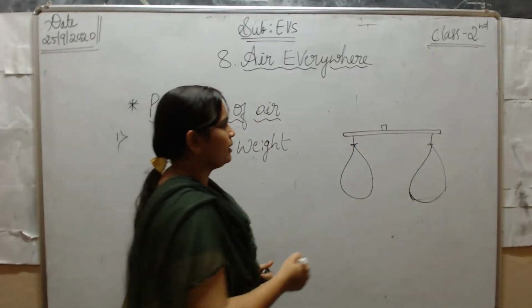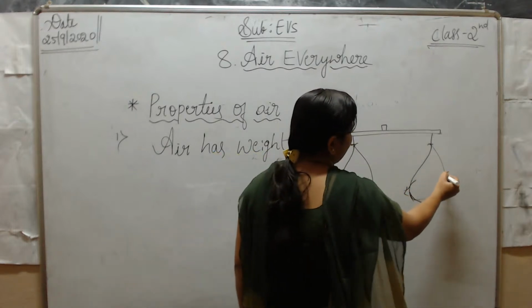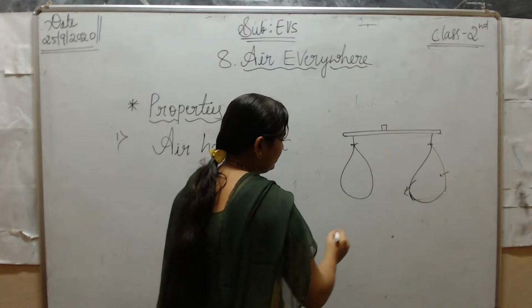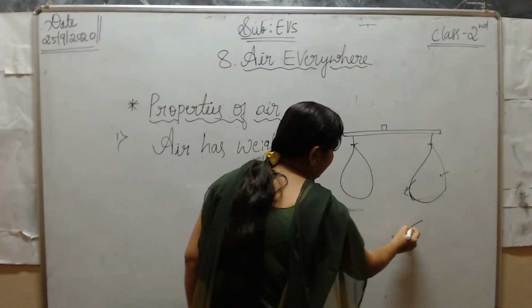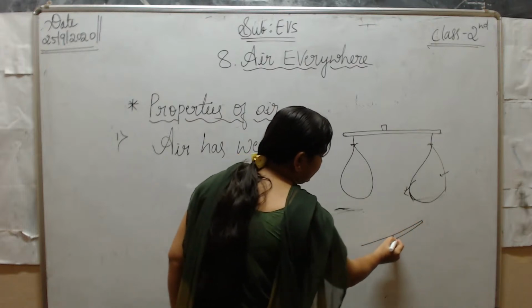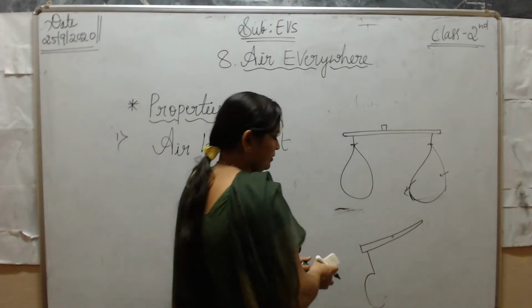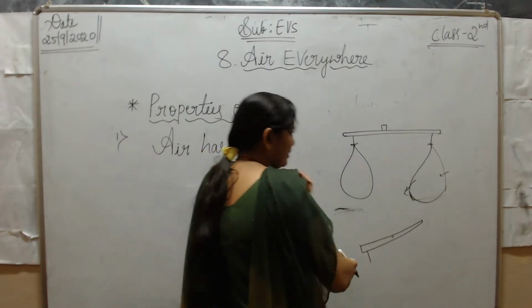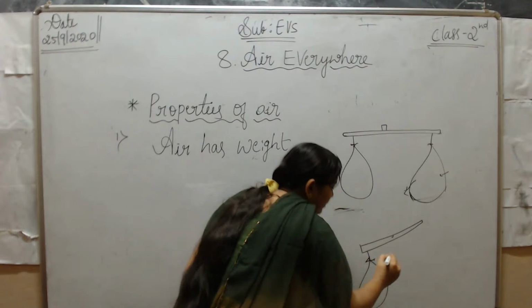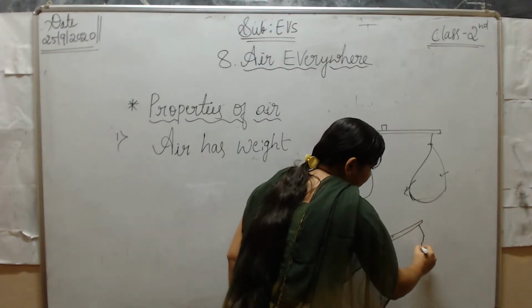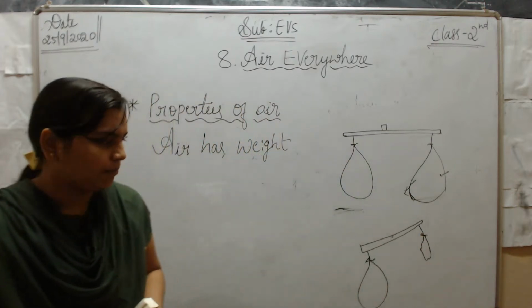When we remove the air from one balloon, taking a pin and letting the air out, it will become like this. This balloon has weight, and from this one we removed the air.